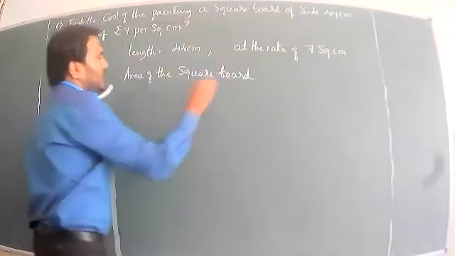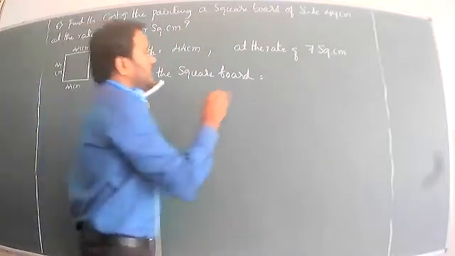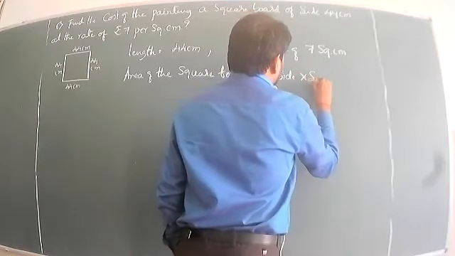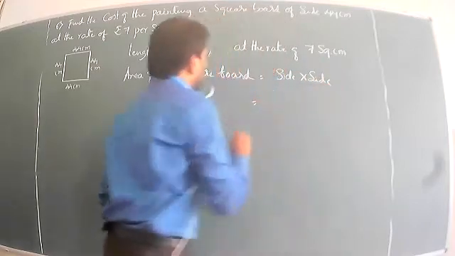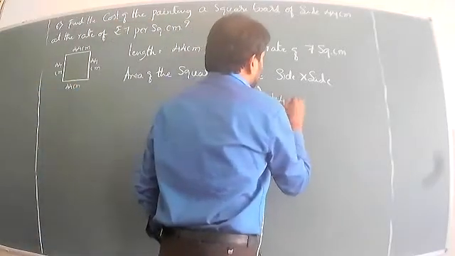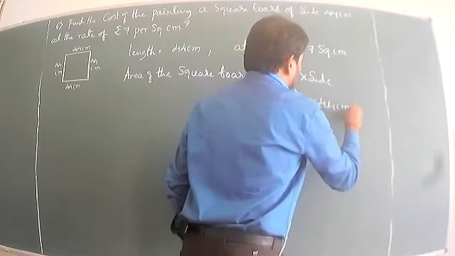So what is the area of the square? Side into side. The side is given, 44 centimeter, so we write 44 centimeter into 44 centimeter, multiply.